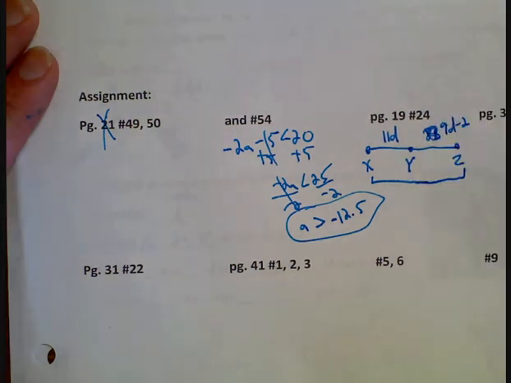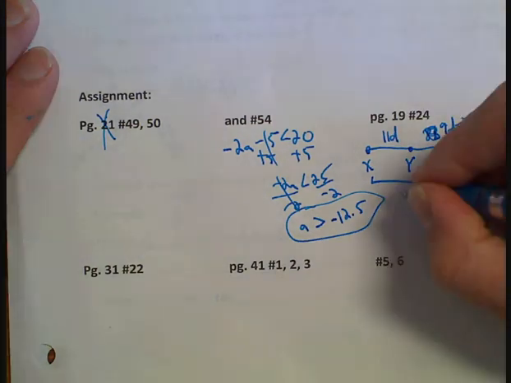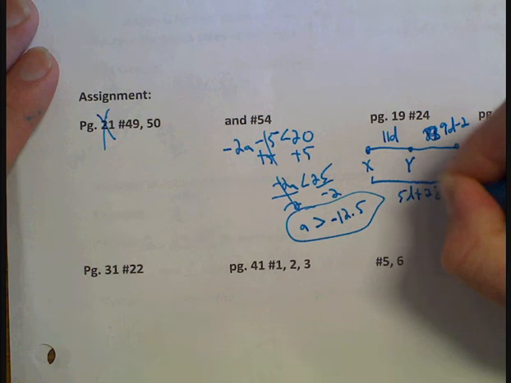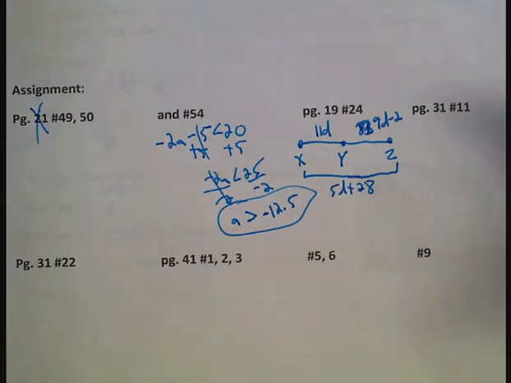And then the entire thing, xz, is 5d plus 28. Okay?